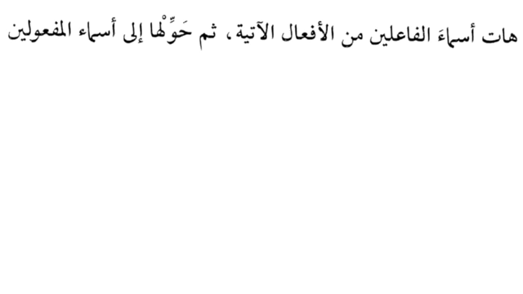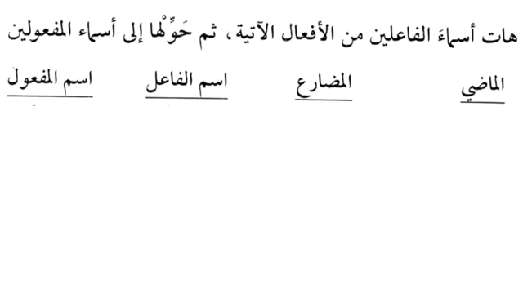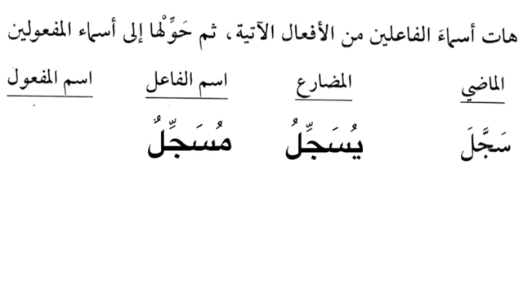Going for examples: hati asma al-fa'ilina min al-af'al al-atiyati thumma hawwilha ila asma al-maf'ulina. So now we have to bring ism fa'il and change it to ism maf'ul. Sajjala, yusajjilu, musajjilun, and ism maf'ul will be musajjalun with fatha.